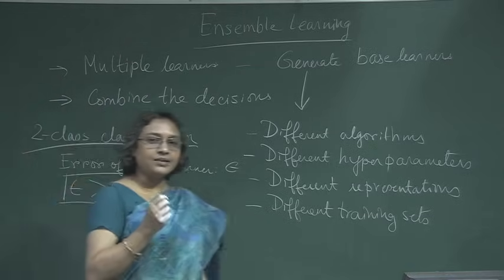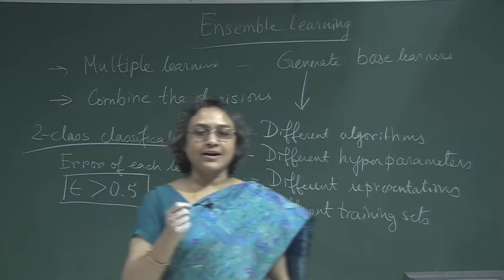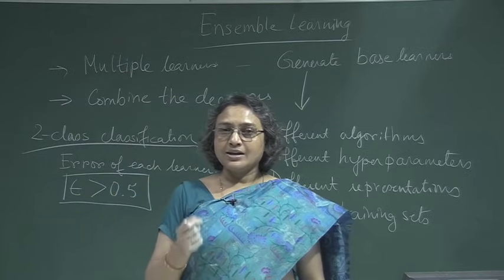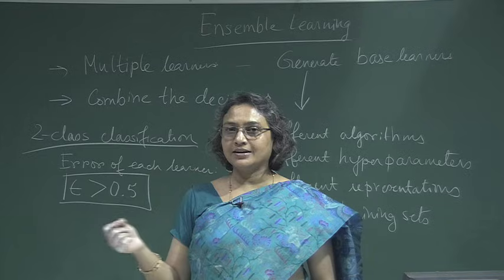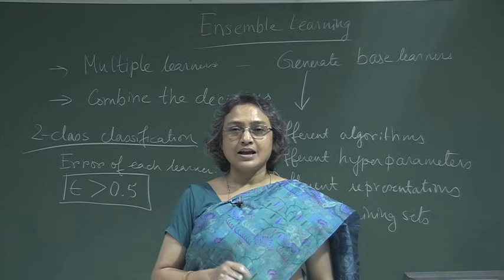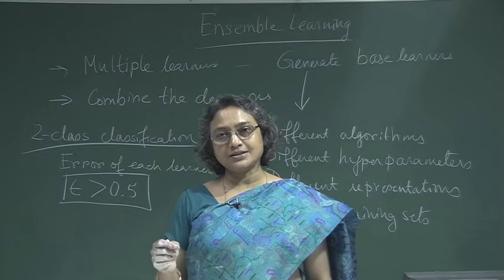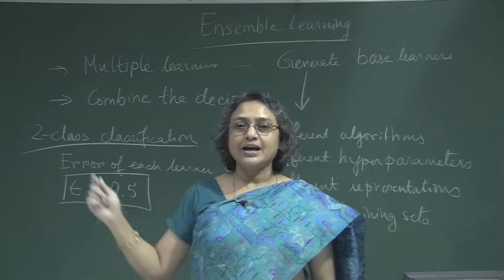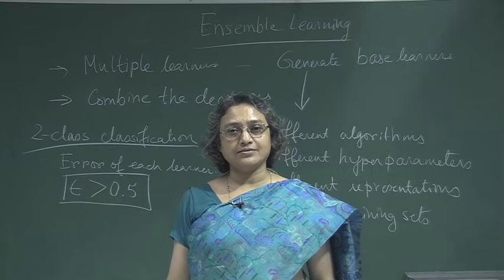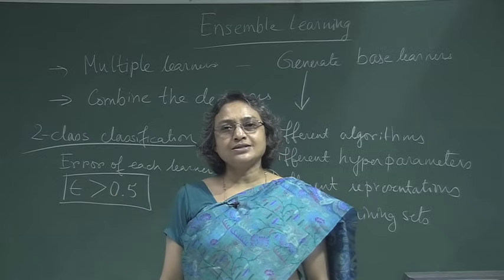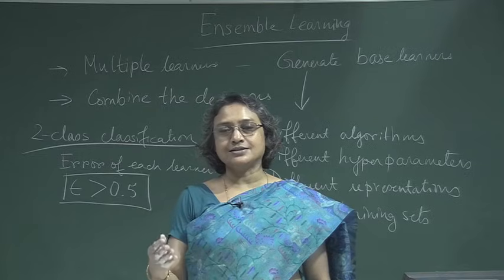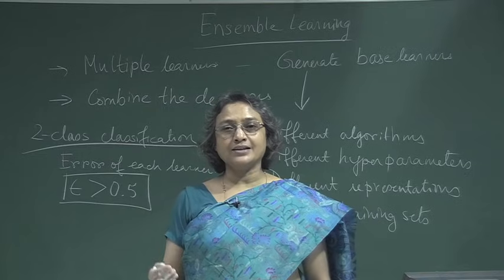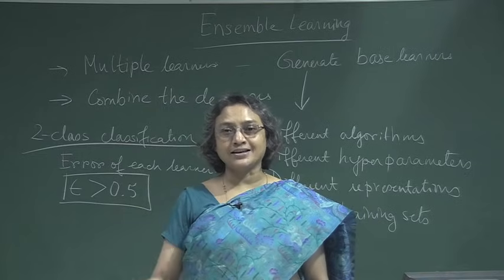Now, in ensembles, we want the different constituent learners, each will have an accuracy. That accuracy may not be very high, but it must be greater than 0.5. But we will show that if other conditions are met, it is not required that the accuracy has to be much higher than 0.5.